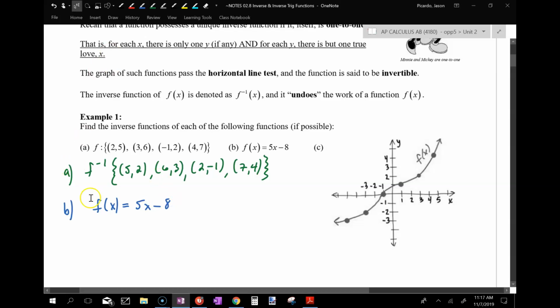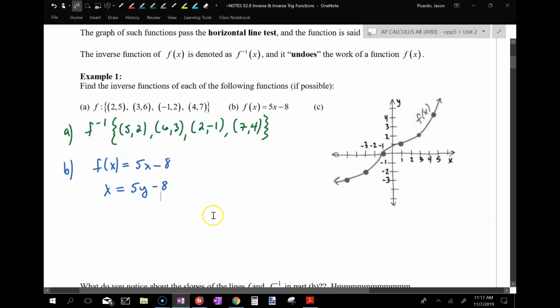Right now that's a y value, so we'll make it x equals 5y minus 8. And that is the inverse, right?